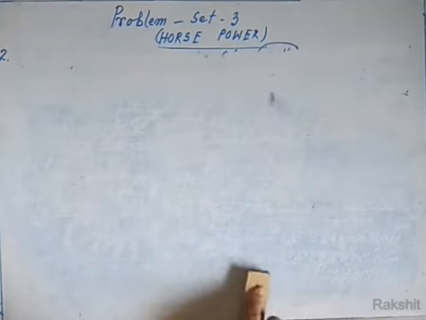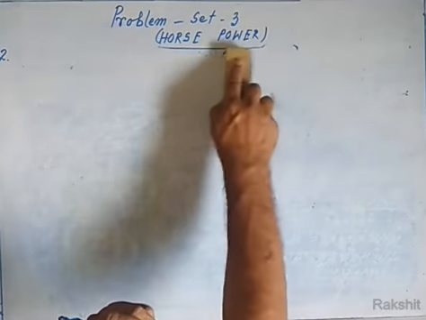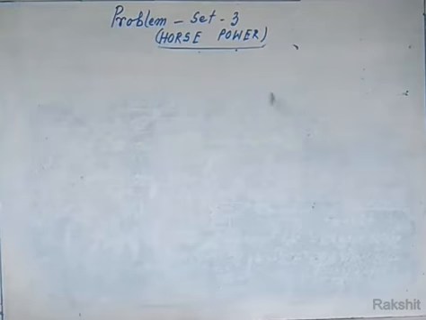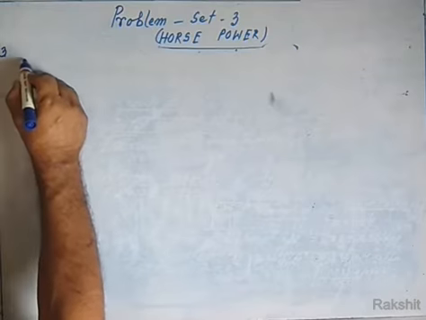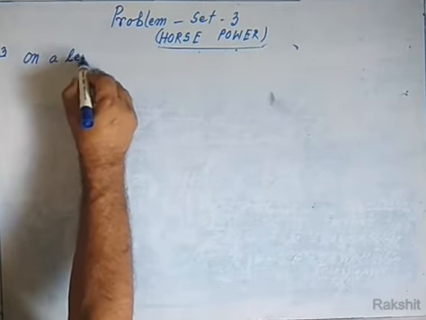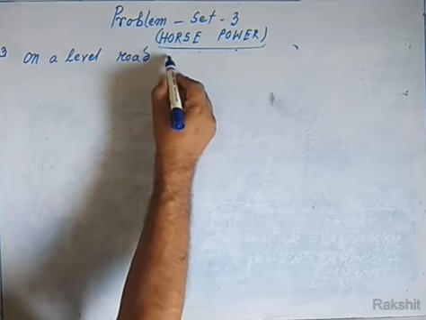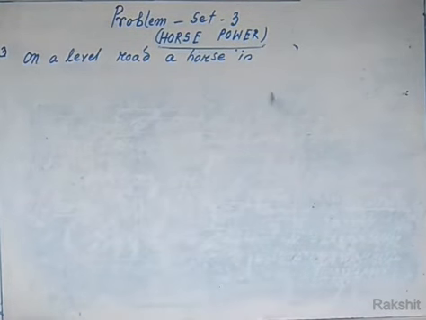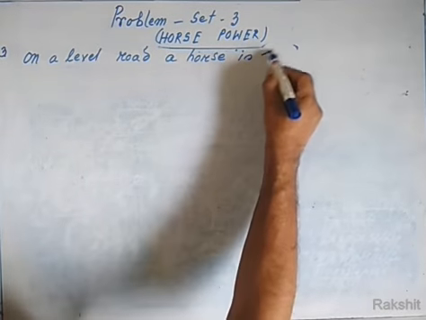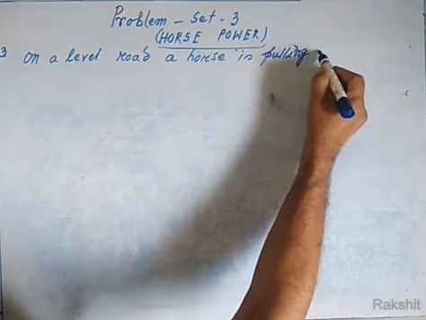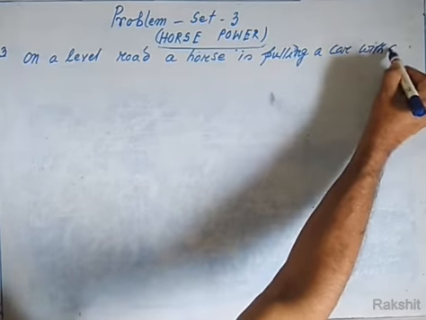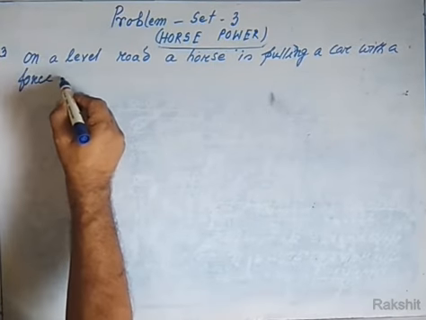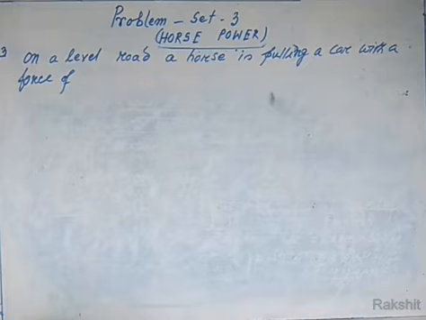Now the third problem. On a level road, a horse is pulling a car with a force of 50 pound weight.